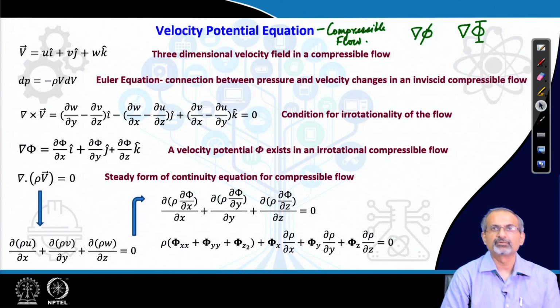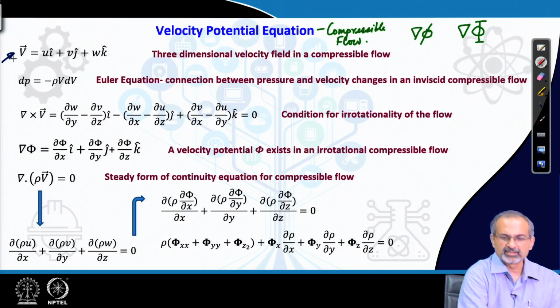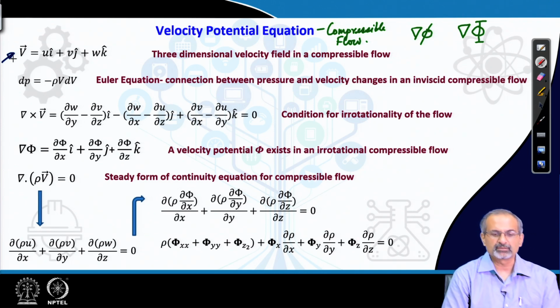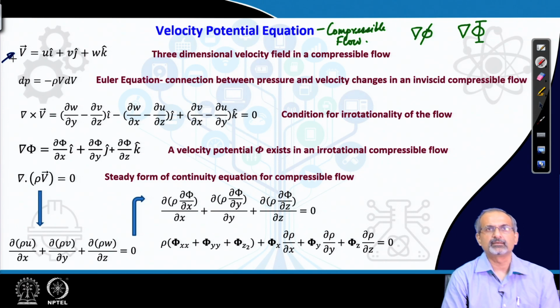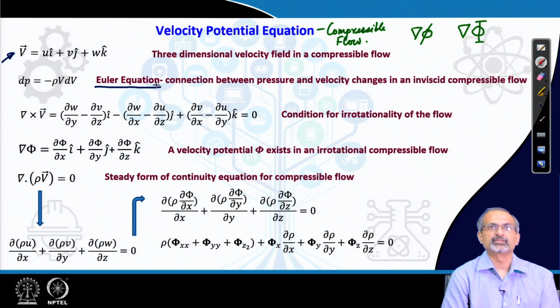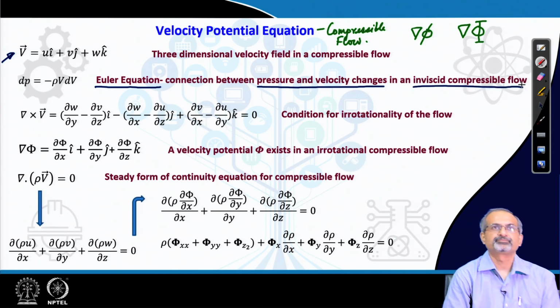So, let us come back to the velocity potential equation. We see that there is a 3-dimensional velocity field in a compressible flow with Cartesian representation, and then we recall the Euler equation which connects pressure and velocity changes in an inviscid compressible flow.